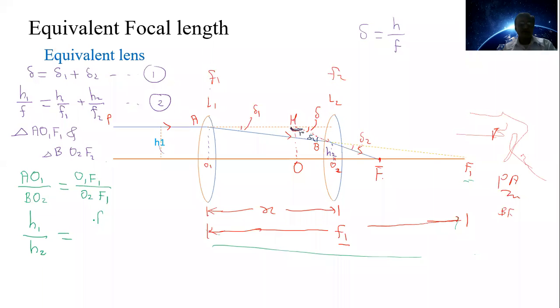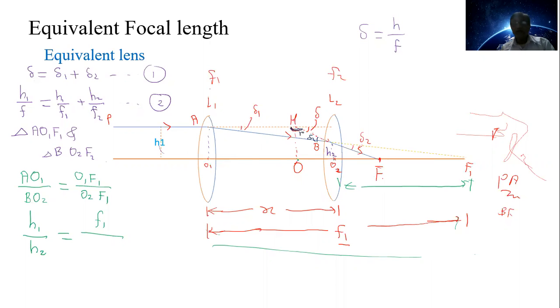That we write here: F1 upon O2F1, which means this distance O2F1. Now how can we find out?